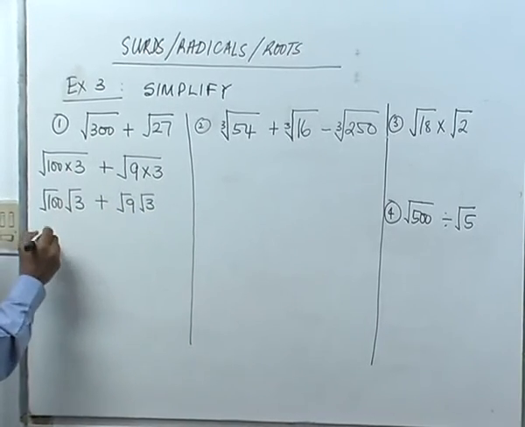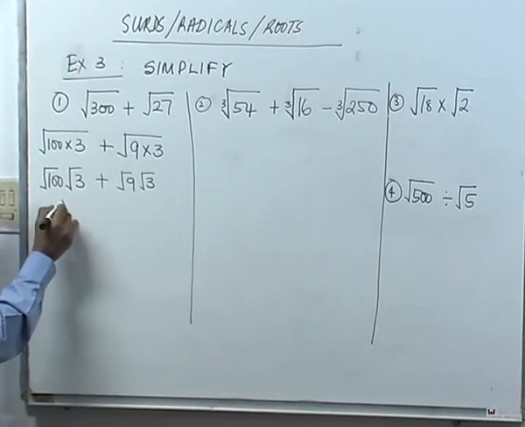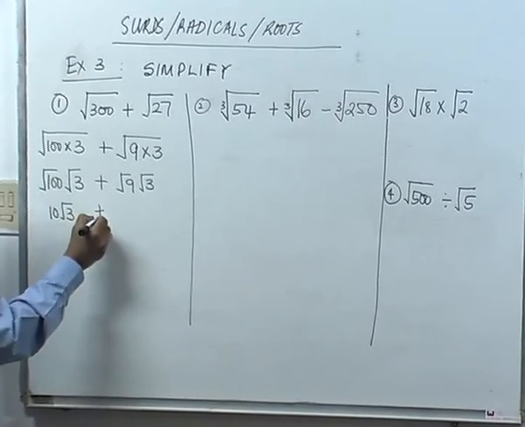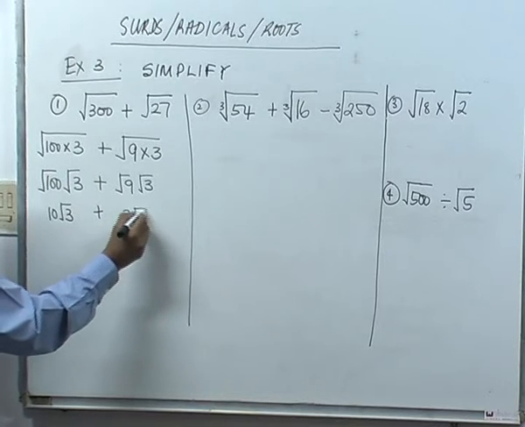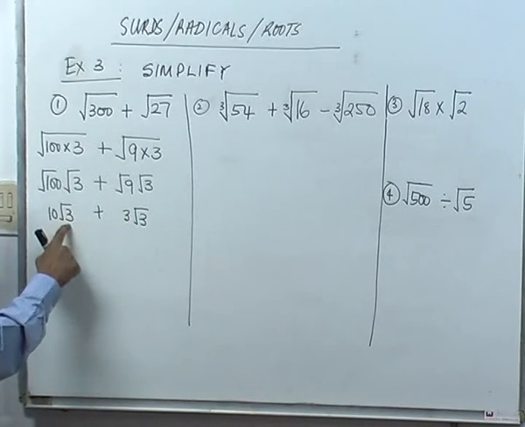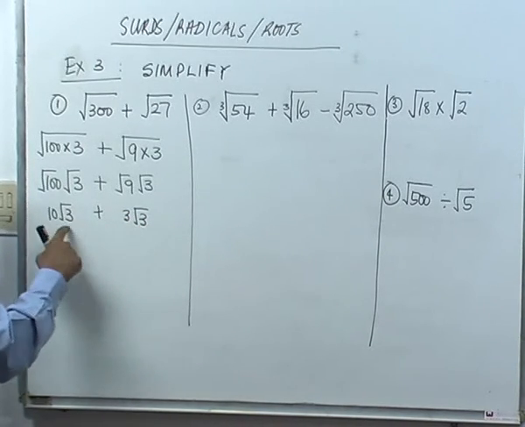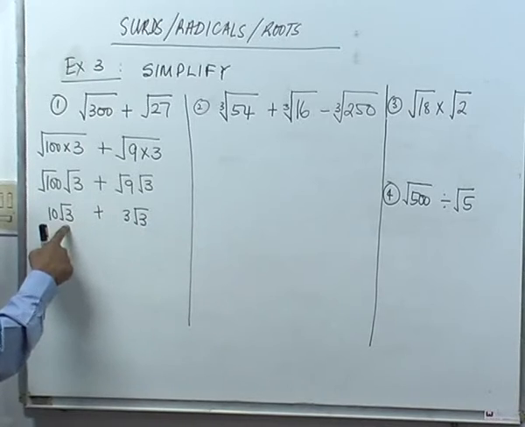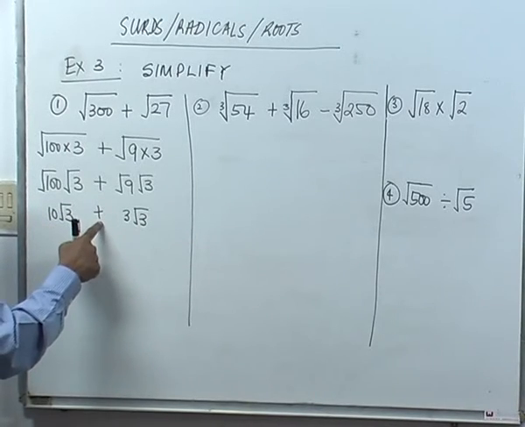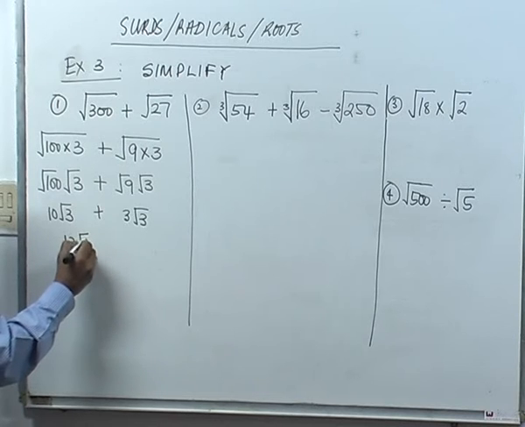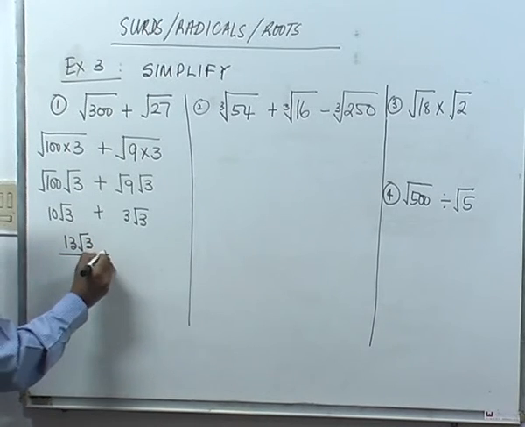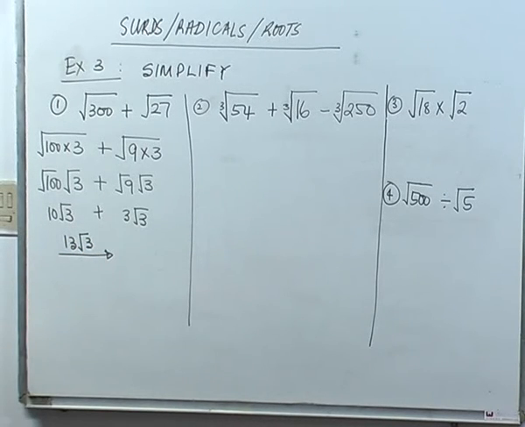Square root of 100 is 10, so you have 10 root 3. Square root of 9 is 3, so you have 3 root 3. Now this is square root 3, this is square root 3. They are like terms, so you can add them up. So 10 plus 3 gives you 13 root 3. So that's the answer here. 13 root 3. I hope you had that right.